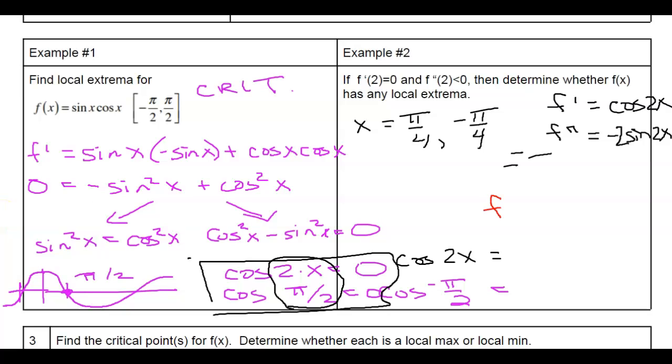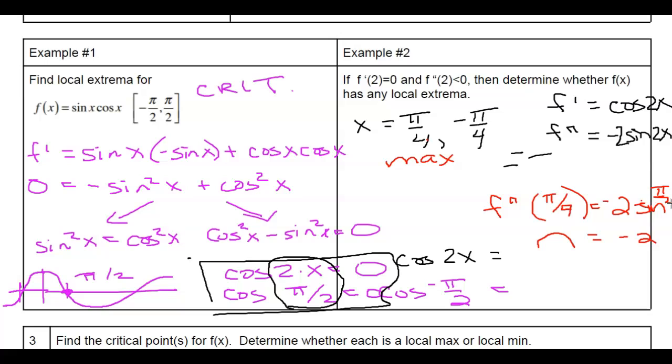So f double prime of pi over 4, which is 45 degrees, is equal to negative 2 times the sine of 2 times pi over 4, which is pi over 2. Well, the sine of pi over 2, think about your wave, is 1. So this is going to be negative 2, which means my curve is concave down, which means there's going to be a max.